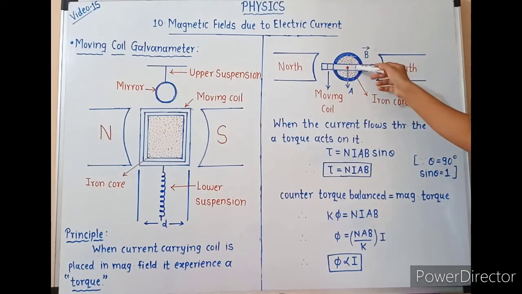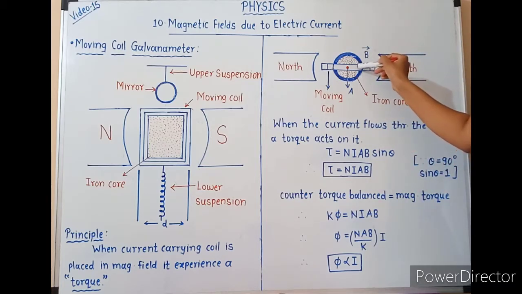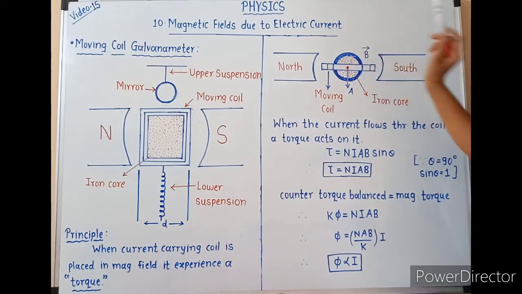So maximum torque works on this coil. Because of these two reasons the maximum torque works on this coil.